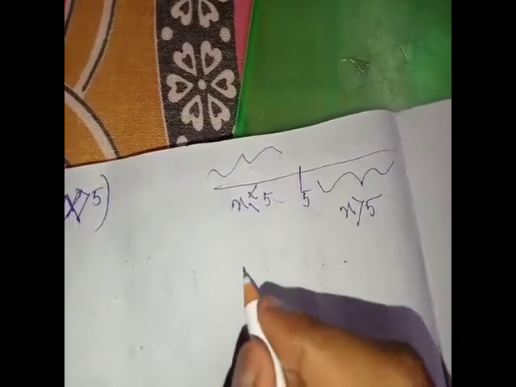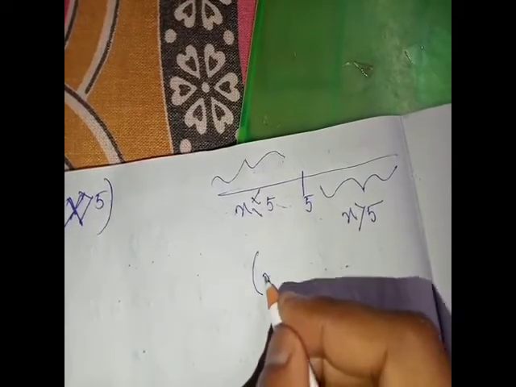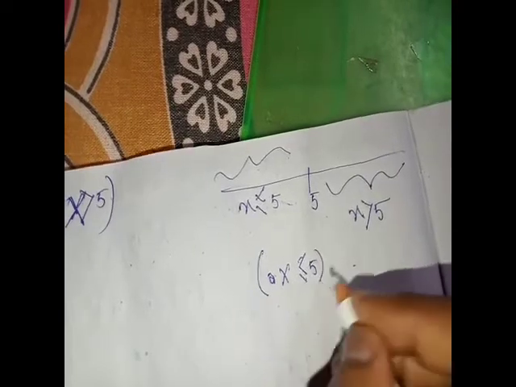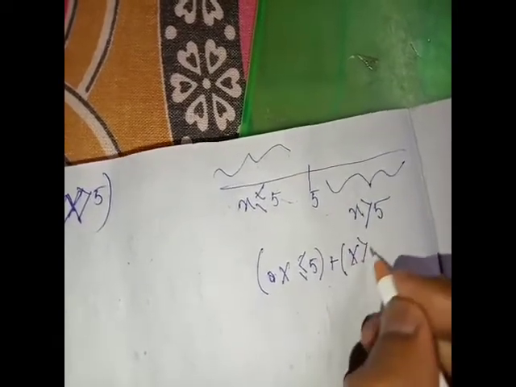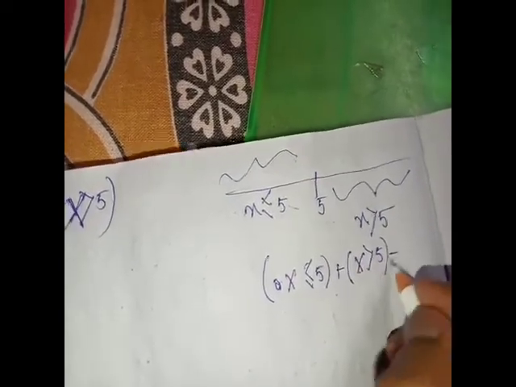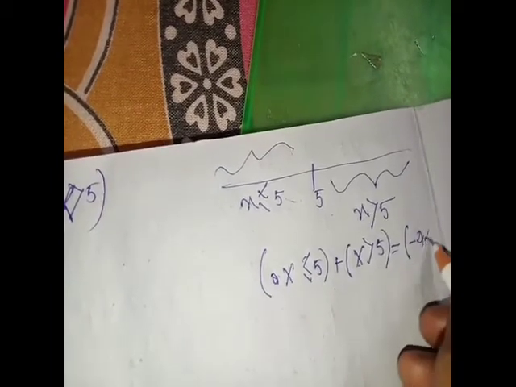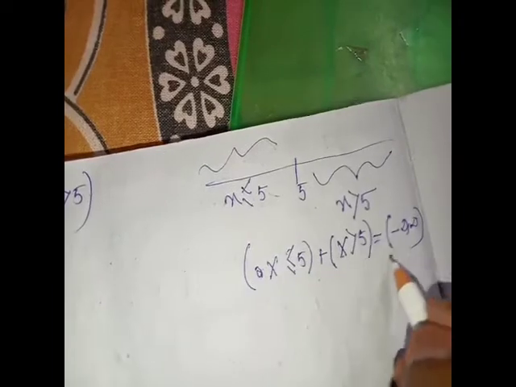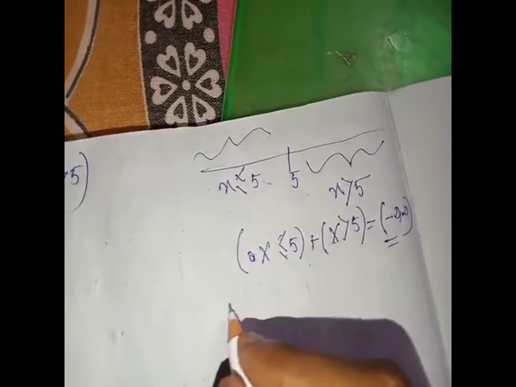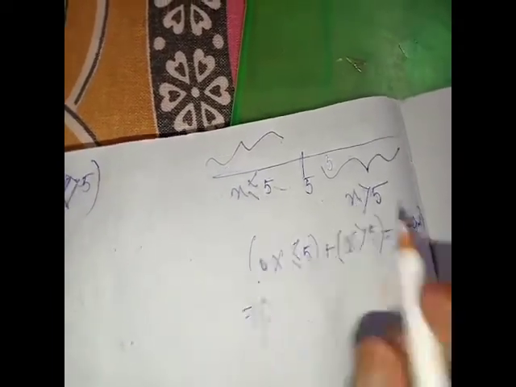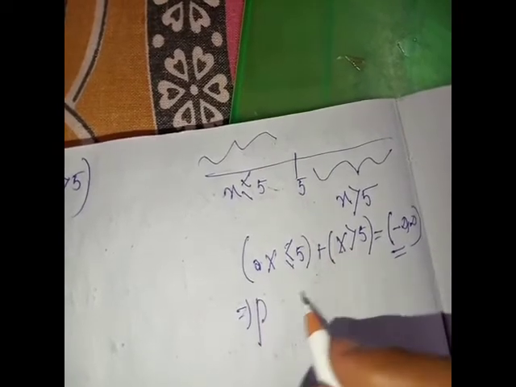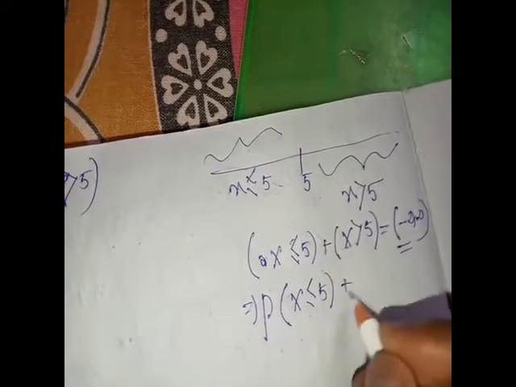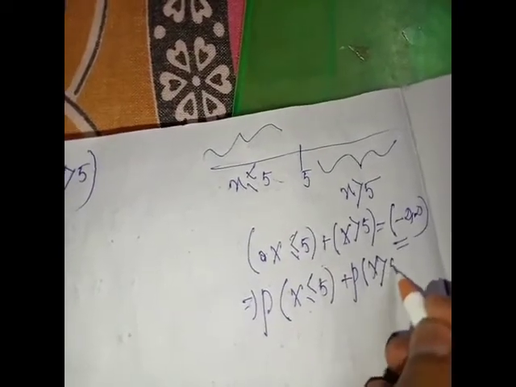So we see that X ≤ 5 plus X > 5 is the whole line, minus infinity to infinity. So this is the total event, the sure event. Since these are mutually exclusive, we take probability: P of X ≤ 5 plus P of X > 5 equals 1.